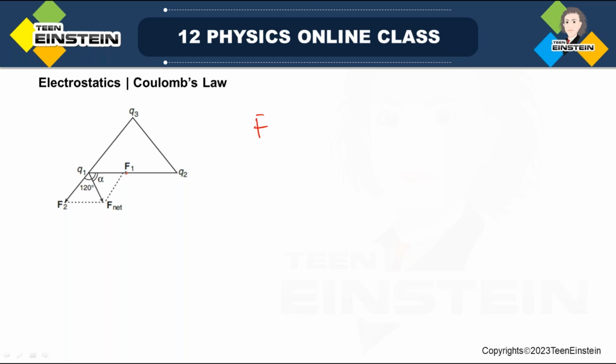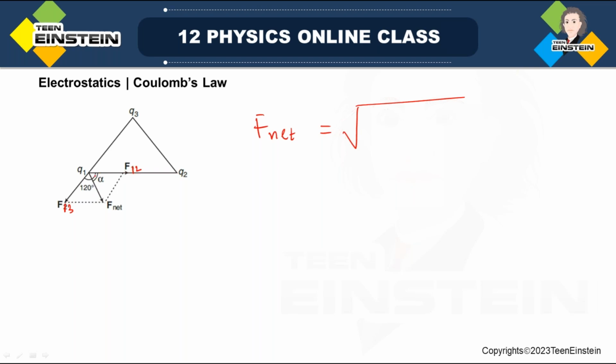So this is F12 and this is say F13. Okay, say F13. So this is F12. Look, then F net, I'm just taking the magnitude now. F net will be found out. See, what is the angle between these two forces?